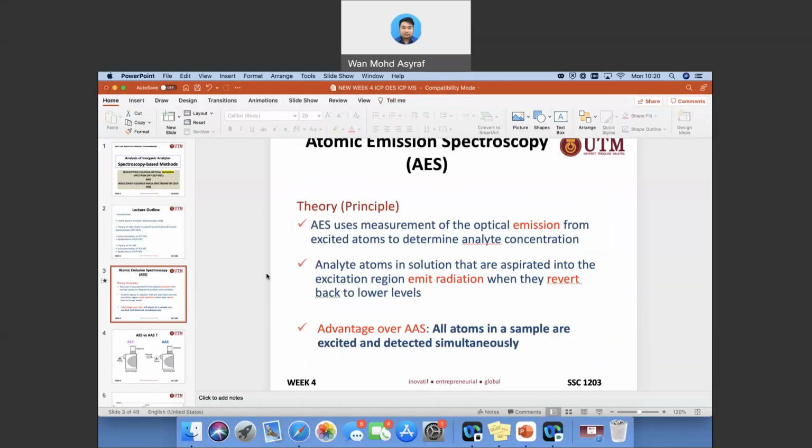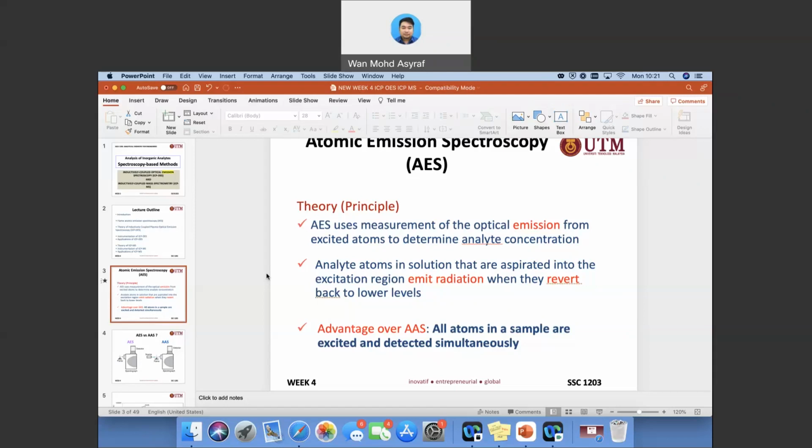All right, so AES uses measurements of optical emission from excited atoms to determine the analyte concentration. As I've mentioned before, it uses the emission of electromagnetic wave from the analyte itself. So the analyte atoms, which are in the solution, which were aspirated into the excited region, emit radiation when they revert back to the lower levels, or we call it ground level.